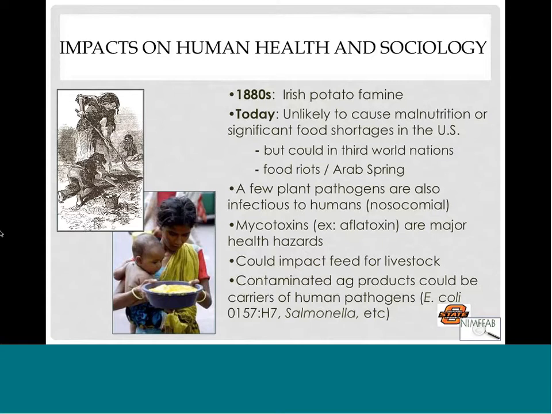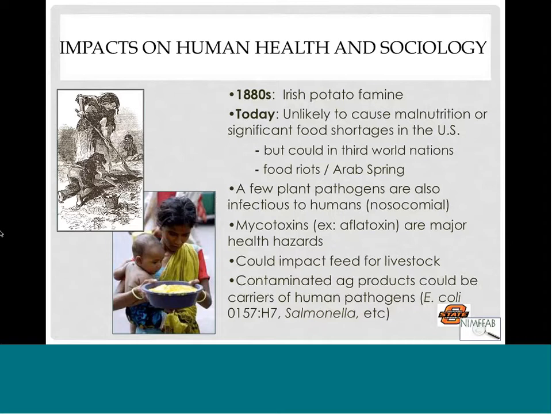We also have concerns for human health because some plant pathogens are actually also infectious to humans, usually opportunistic or nosocomial rather than direct. But mycotoxins, which are produced by a number of plant pathogenic fungi, are also major health hazards. I think we don't even realize how dangerous the mycotoxins can be in some cases.